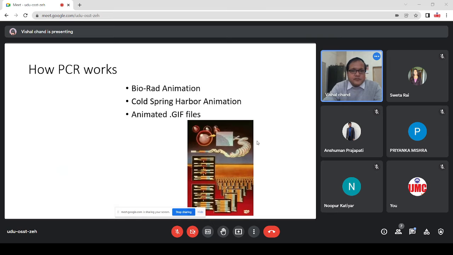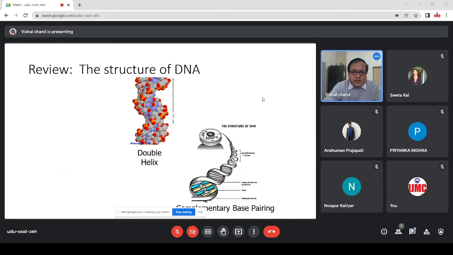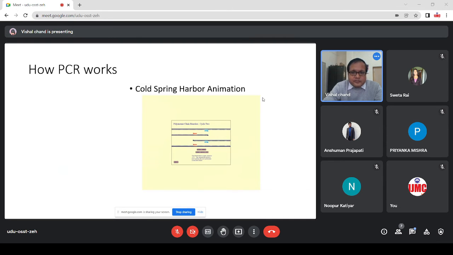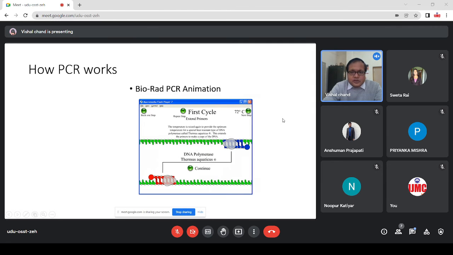For PCR, we require some very basic components. Here we go to one animation developed by the Bio-Rad company. Let's see the animation and how PCR works. Here is one important component. What is required in PCR?